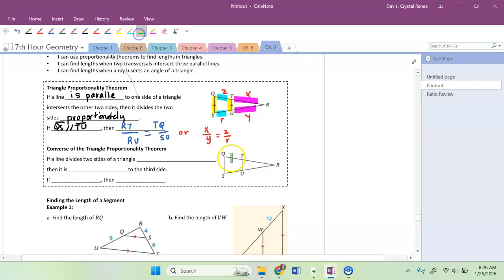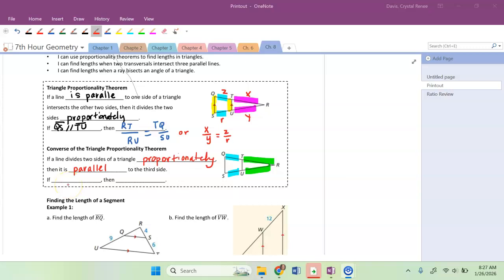Likewise, if I know that this over this is proportionate to this over this, then I could say: if a line divides two sides of a triangle proportionately, then it is parallel to the third side.